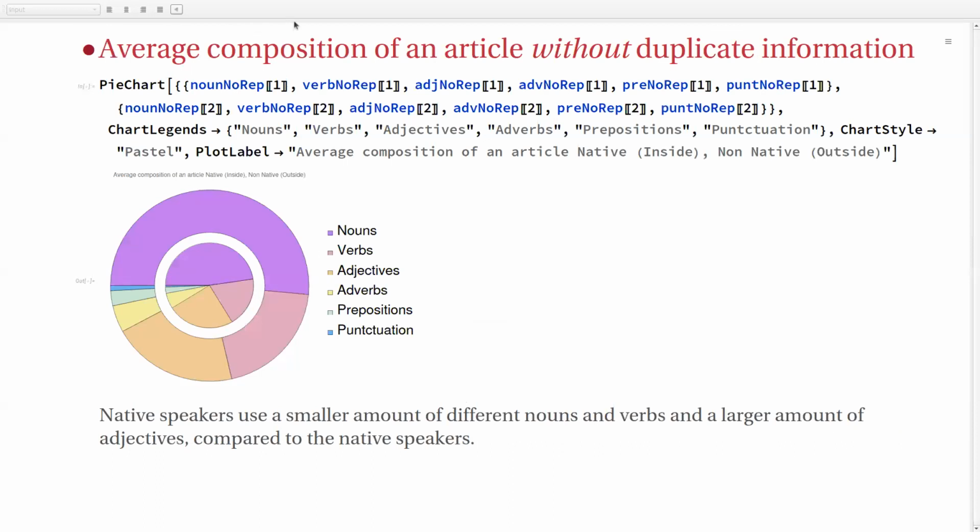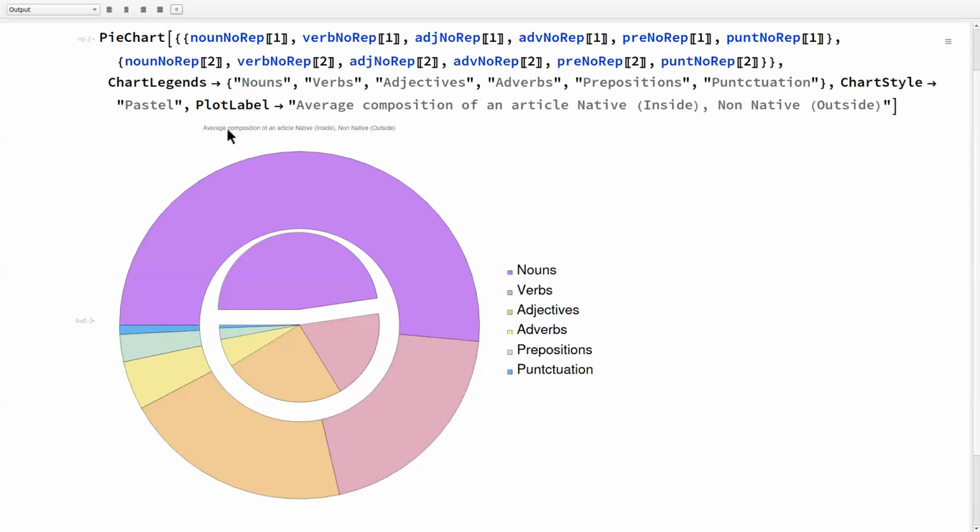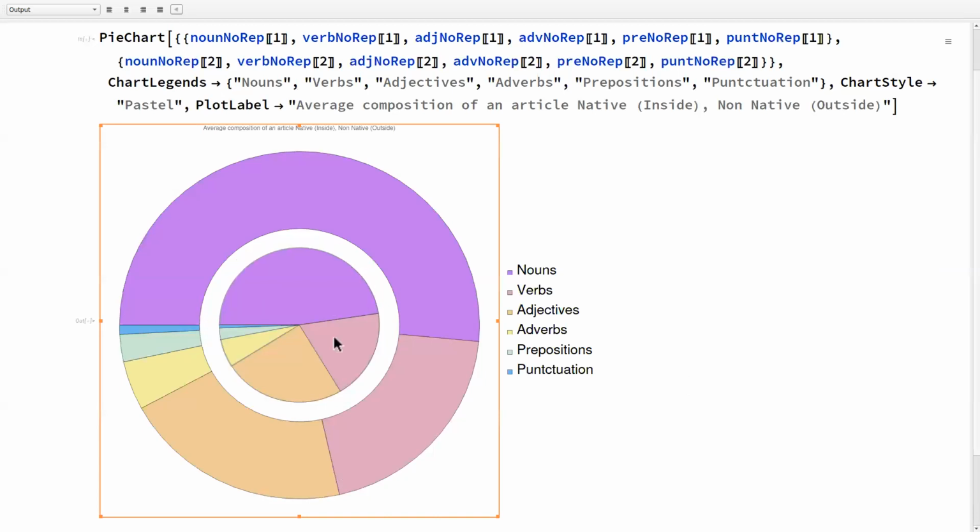Our second graph is the average composition of an article without duplicated information. So let's make it bigger here. The average composition of a native is inside and non-native is outside.